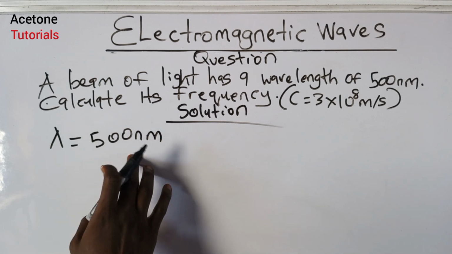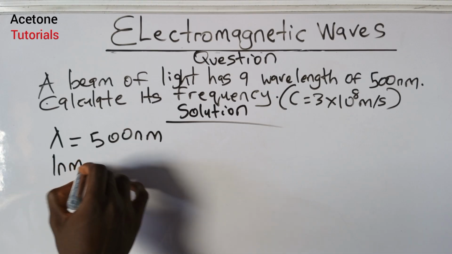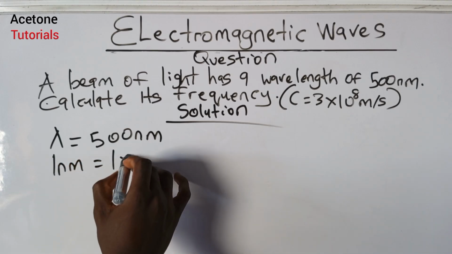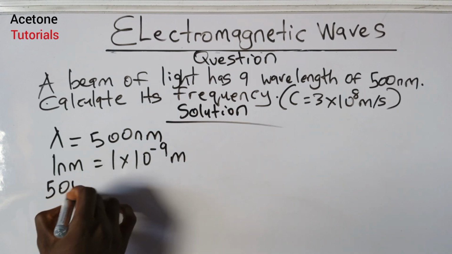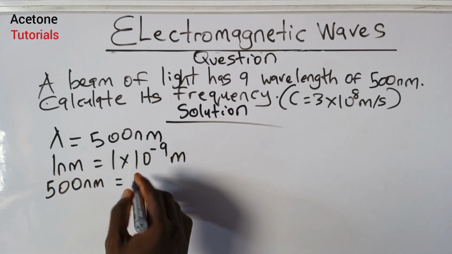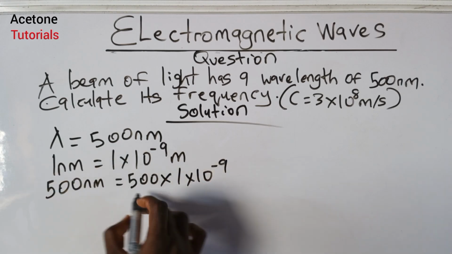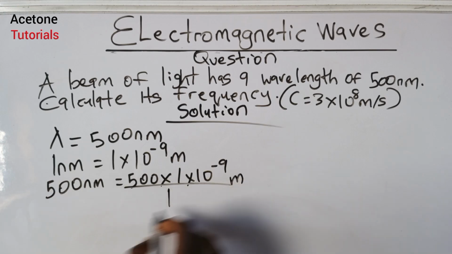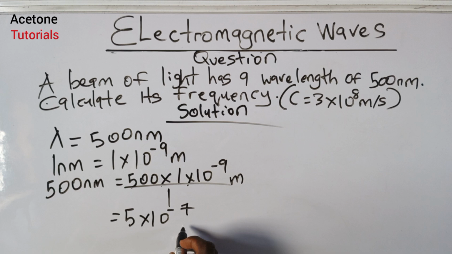We have to convert this nanometer to meter, since 1 nanometer is equal to 1 times 10 to the power minus 9 meter. So 500 nanometer will be equal to 500 times 1 times 10 to the power minus 9 over 1 meter. And that is equal to 5 times 10 to the power minus 7 meter. So that's the wavelength in meter.